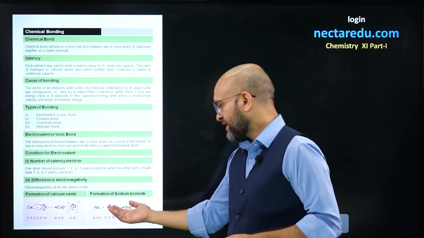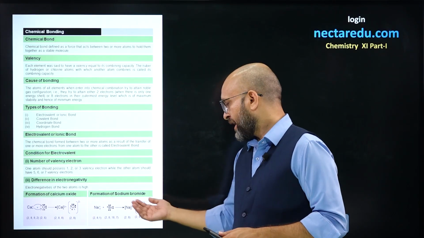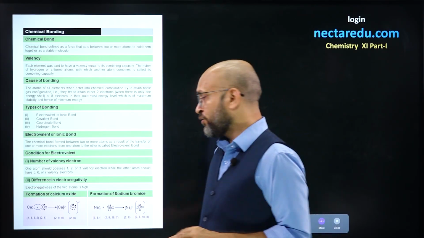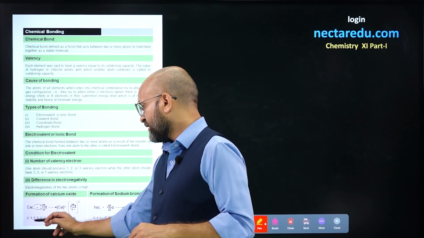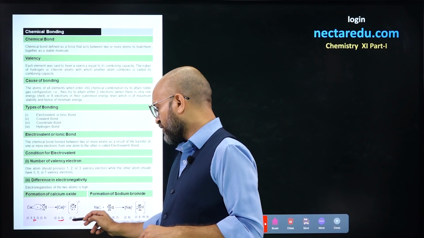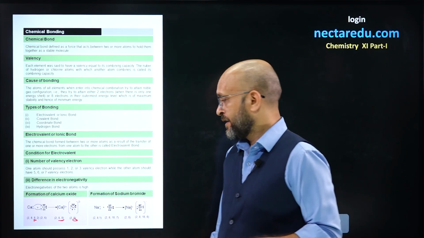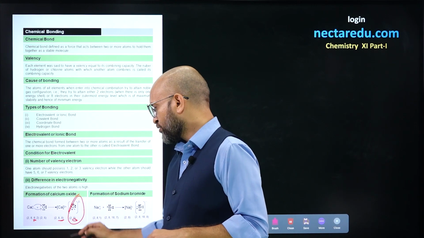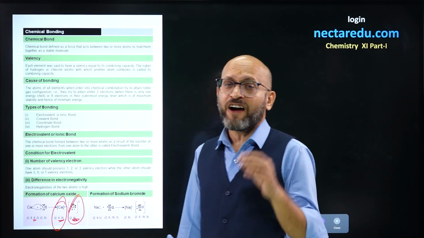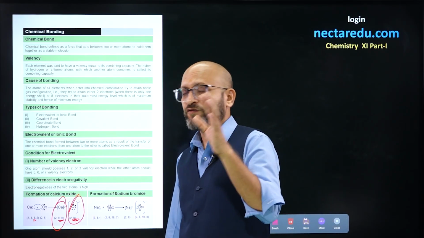In the oxide ion, outermost 8, in the calcium ion, outermost 8. So both of them have an octet, that is the required condition for stability.